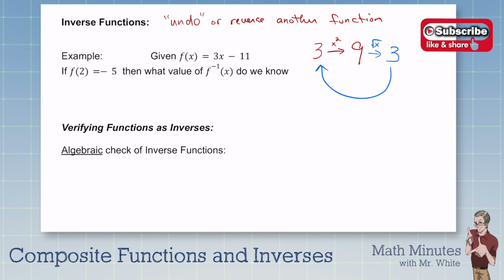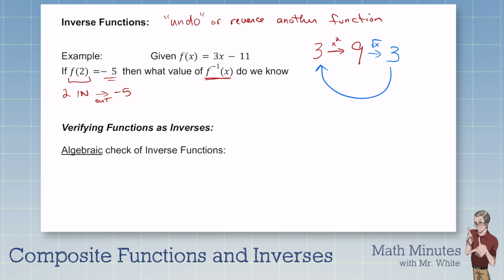So let's look at this example here. If f of 2, okay, if 2 goes in and out comes -5, what has to happen on the inverse? Think about what I said over here. What has to happen on the inverse?